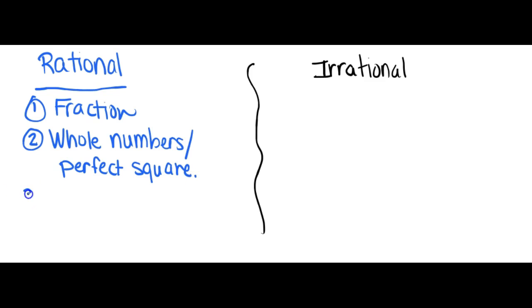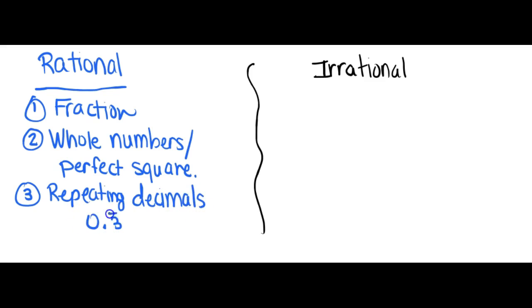They can be repeating decimals, which means they will go on forever. So 0.333333 forever. Okay, so those are rational numbers.